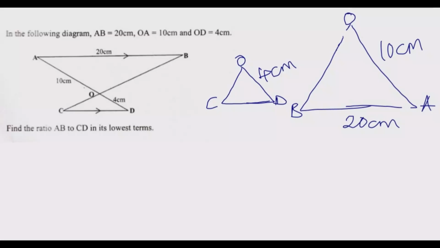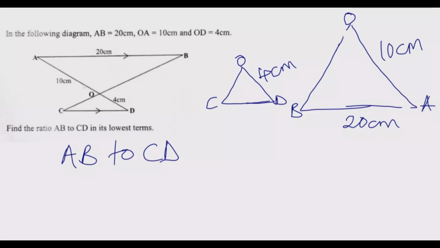Now we can see that the question is asking us to find the ratio of AB to CD. So let's identify AB. The line AB is given, that is 20 centimeters.